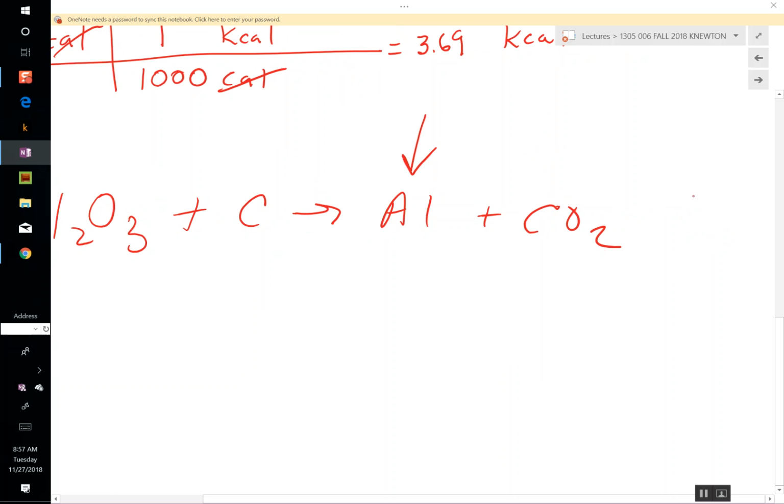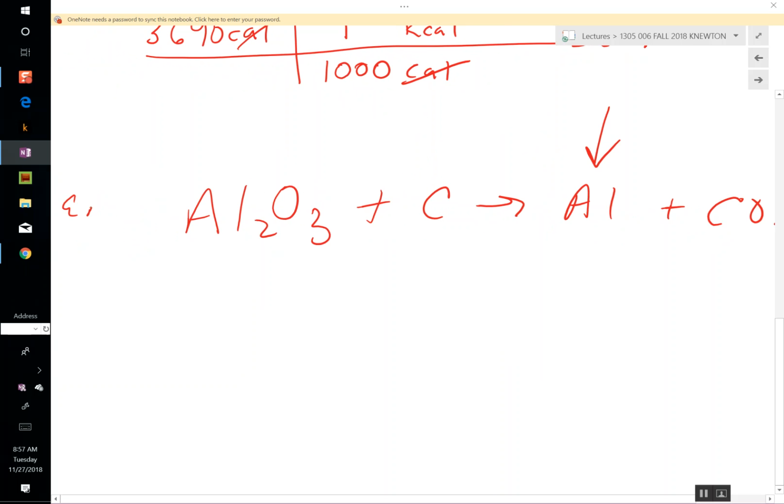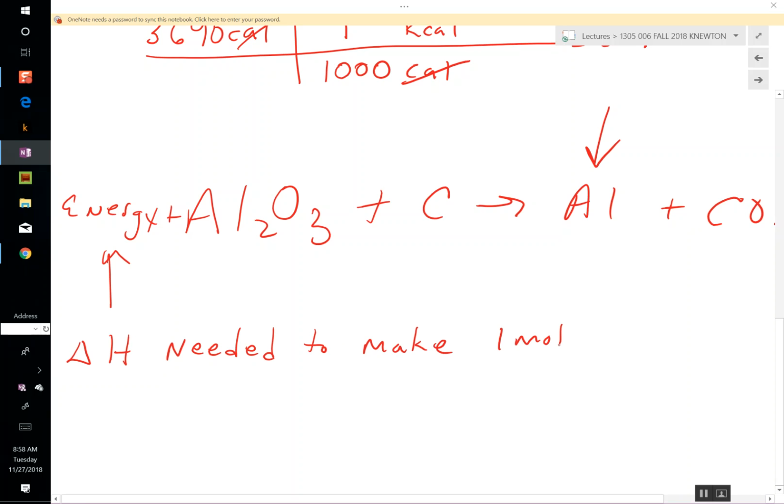Well, actually, it's energy plus aluminum oxide plus carbon forms aluminum and carbon dioxide. And we calculate that amount of energy. We calculate the delta H needed to make 1 mole of aluminum, 27 grams of aluminum. You follow me? And then we compare that.